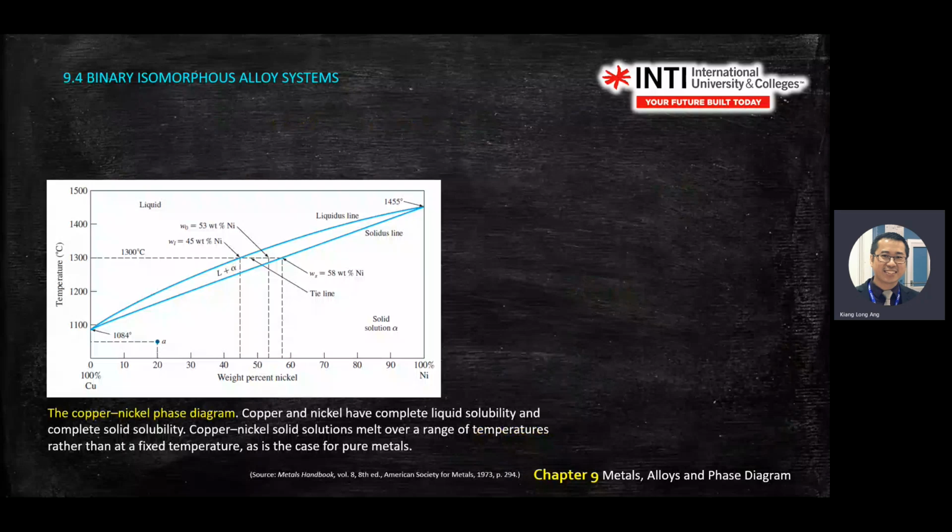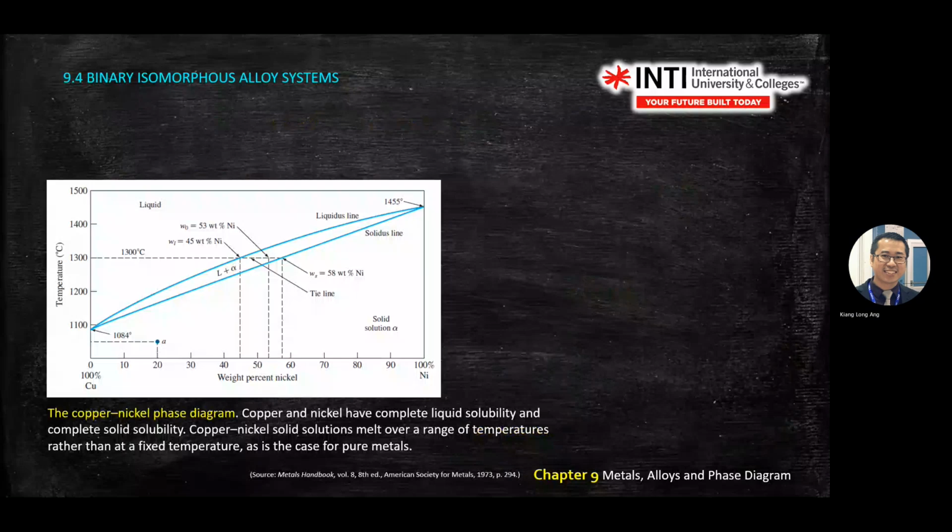We are more interested in this line when you do the analysis later. This line is called the tie line, right? And we will work out a solution, a calculation, later. How do we get 53%? There's one equation to calculate 53%.